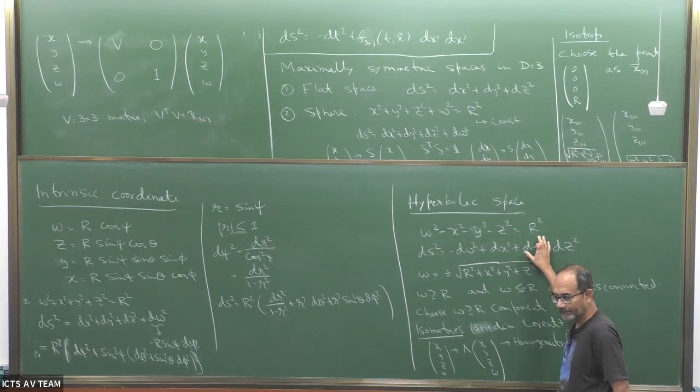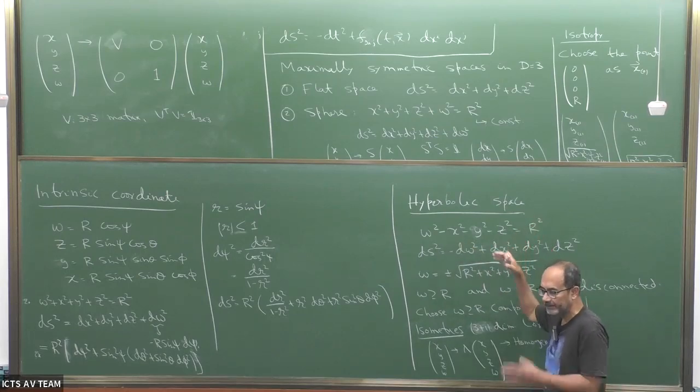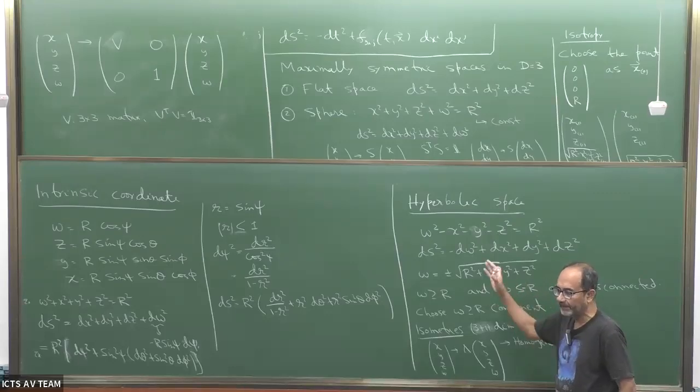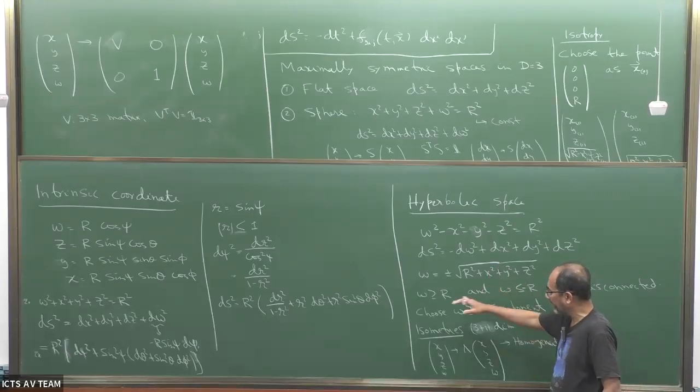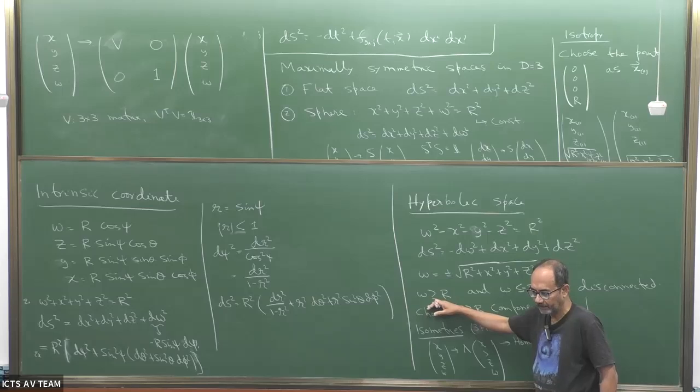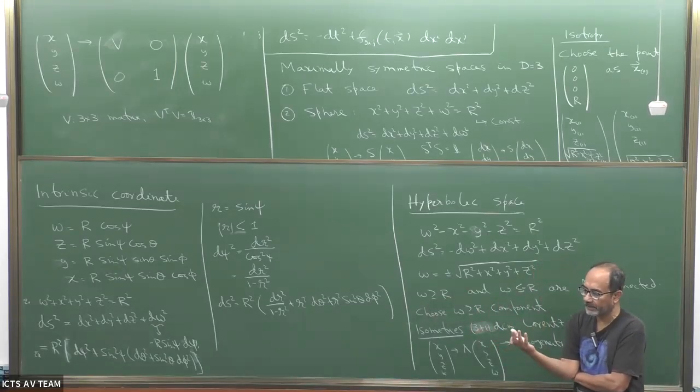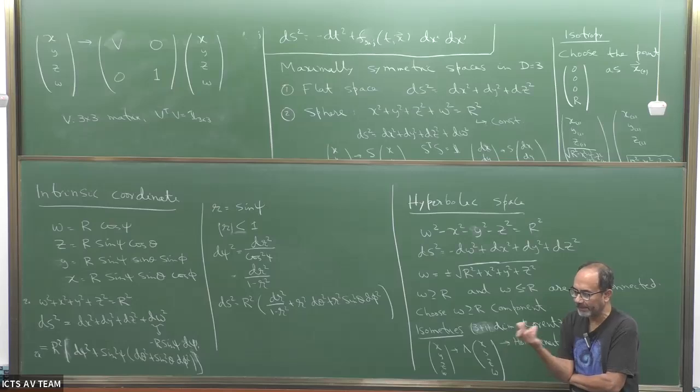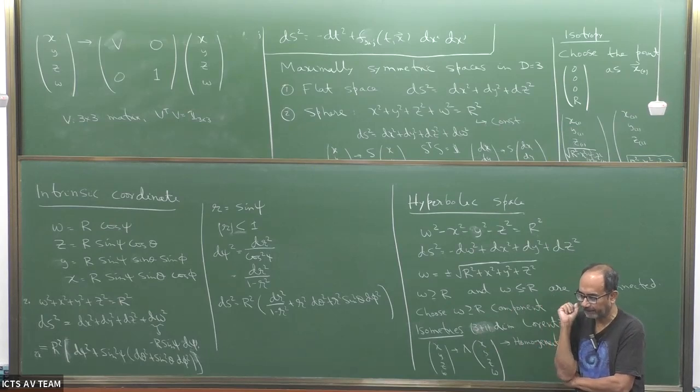So R has the same value, which means that these vectors, if you think of this as a 4-dimensional vector, have the same length. And their time components have the same sign because both lie on this surface. Then there is a general result that there is always a proper Lorentz transformation that relates those two vectors. That's the proof of homogeneity. So given 2 points on the same space, you can find a Lorentz transformation that takes one to the other.